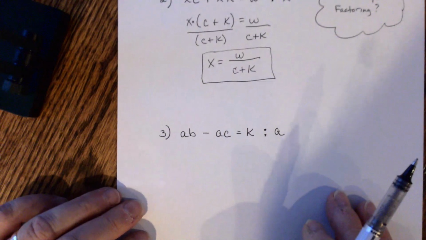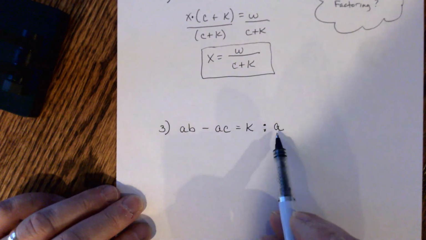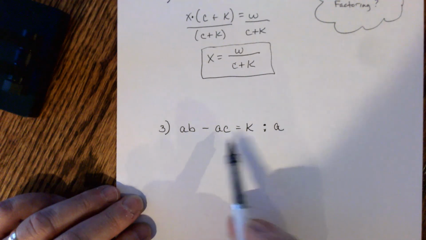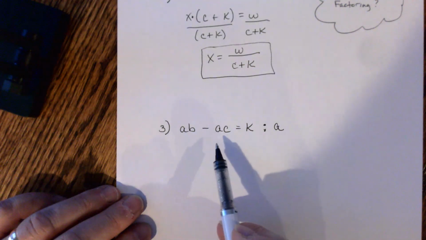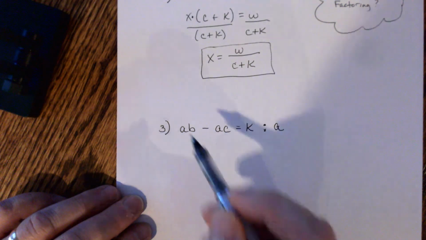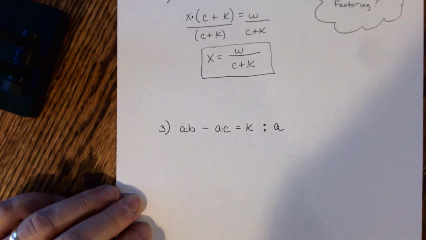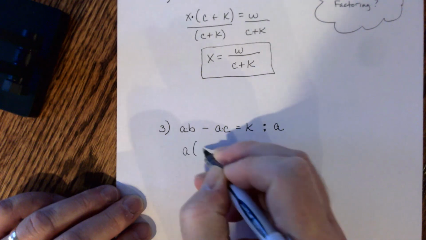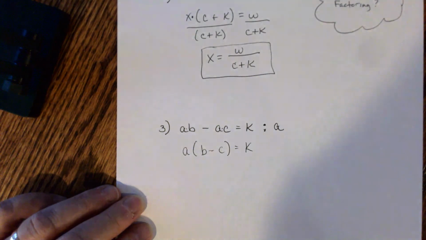Take a look at this problem down below here as we wrap these up. I'm being asked to solve for a. So once again, I could add ac to both sides, but that's not going to get me to where I will get a by itself. So I notice that I have a times b and a times c, in which case I'm going to factor out the a because it's a common factor between the ab and the ac.